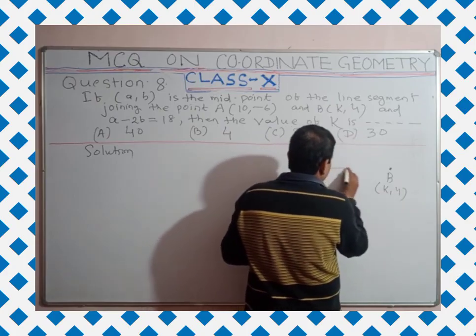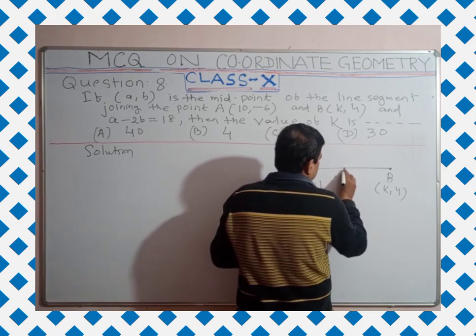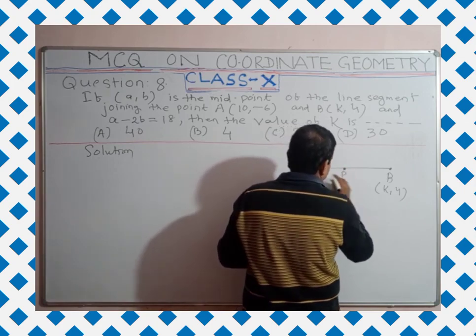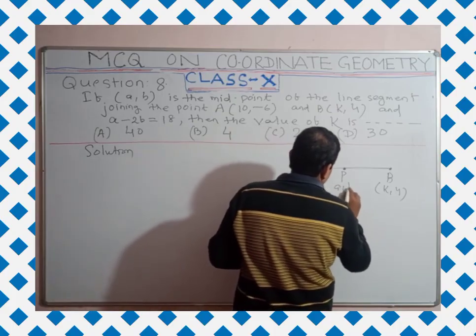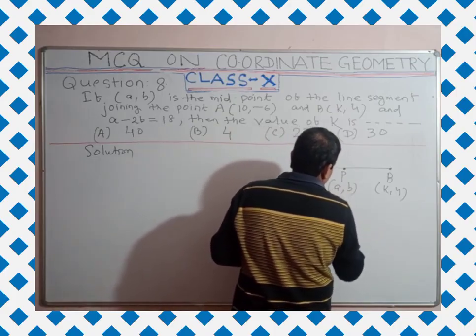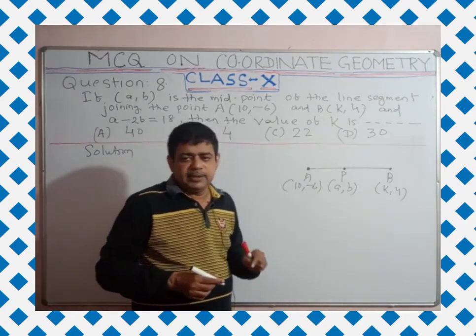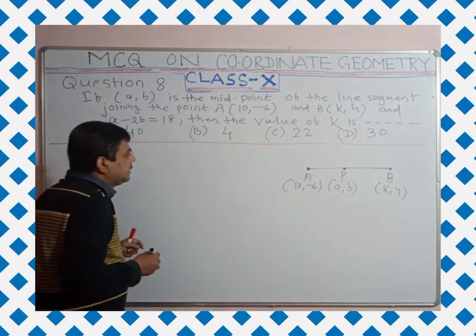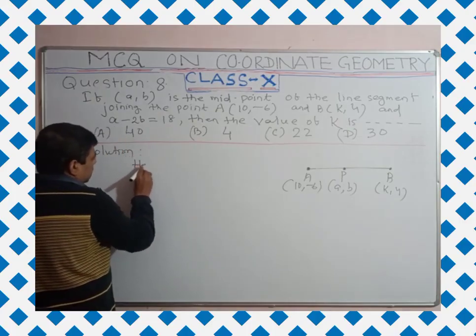If you join them, we get a line segment AB. Here let P be the midpoint of AB whose coordinate is (a, b). Understand or not?